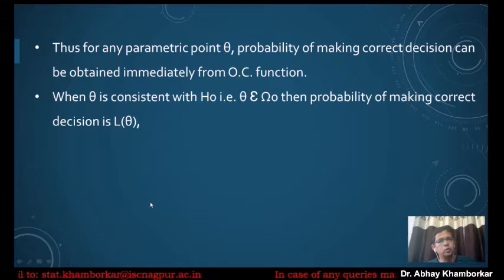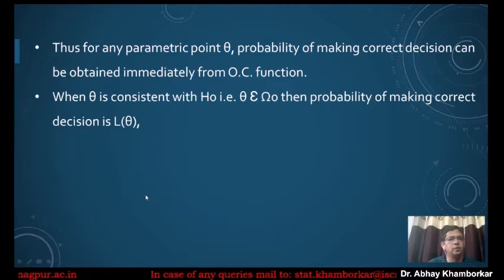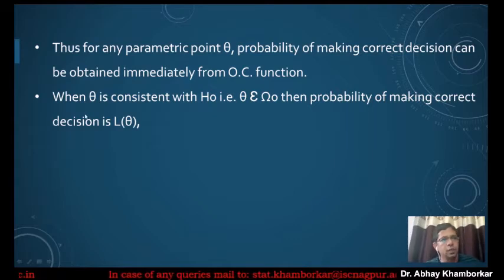So there are two possible decisions, and there are two possible nature of the hypothesis also. So when I am saying that when theta is consistent with h naught, इसका मतलब होता है कि h naught is true. When theta is consistent with h naught का मतलब हो गया theta is true, h naught is true.